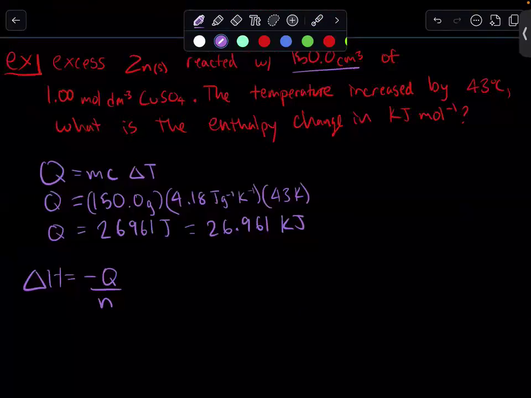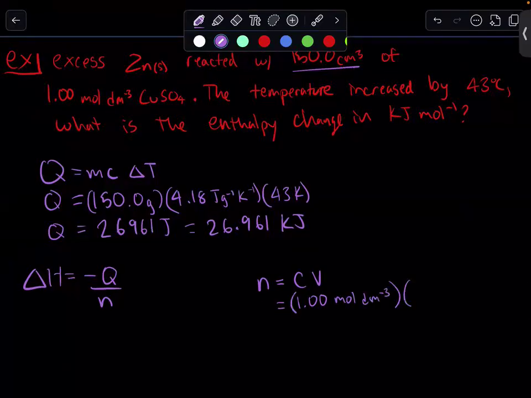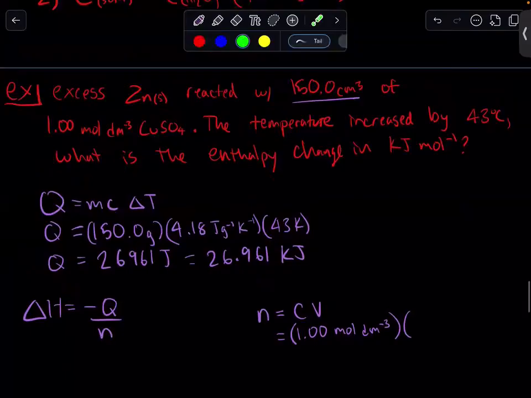Now, this is in solution, so we have to use our equation. Moles is equal to the concentration times the volume. Remember that one's right in your data booklet. Our concentration is 1.00 mole decimeter cubed inverse. Our volume, well, that's 150 centimeters cubed.